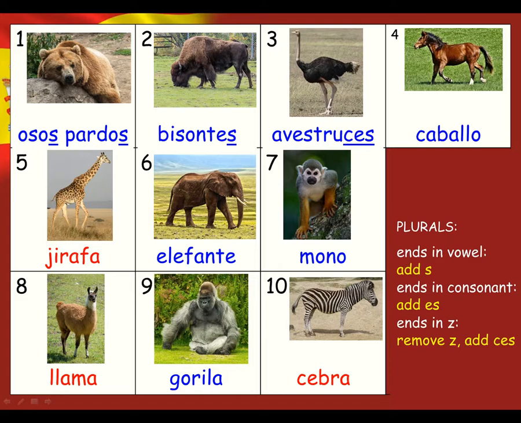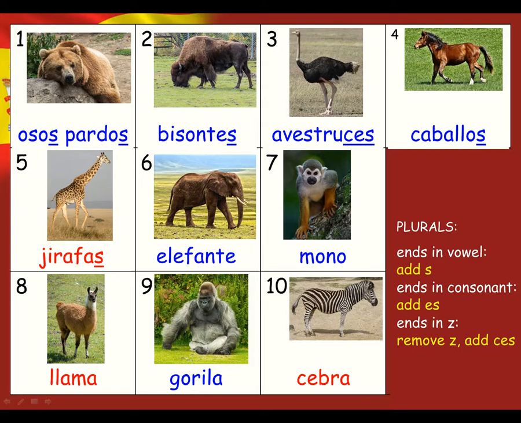And number four, we've got horse is caballo. How do we say horses? Right, caballos ends with a vowel. Then number five, how do we say giraffes? Jirafas ends in a vowel, so put an S on.